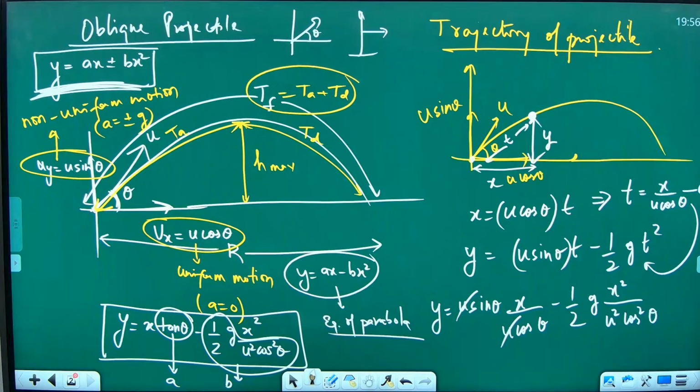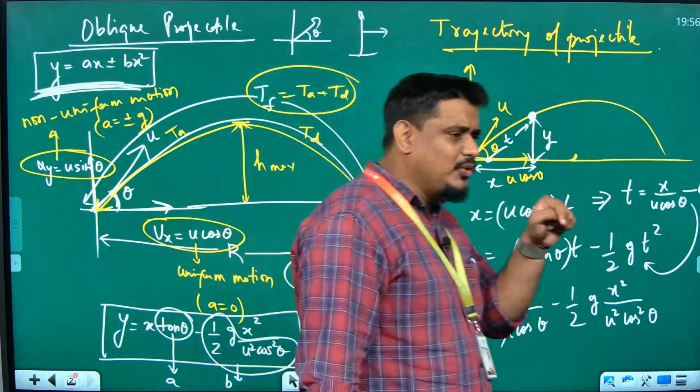How will the questions come from here? They will give you an equation, as I have done in Sunday's class, y is equal to some value.